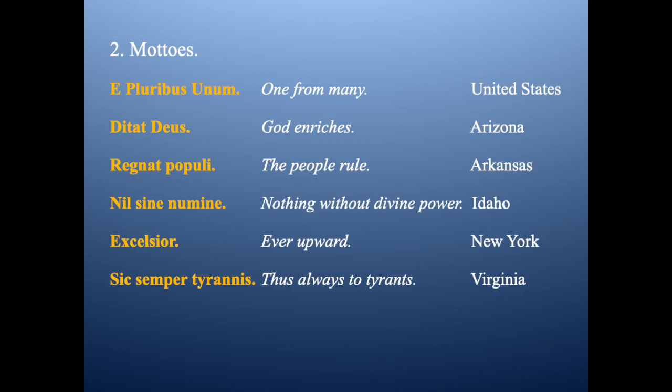I just want you to look at the E pluribus unum, because that is the United States motto, and we've known that for a long time. It's on our money, one from many. But if you look at the literal Latin, E pluribus unum, we saw that E or EX means out of. So E pluribus unum, out of the many, one, is what that literally means.